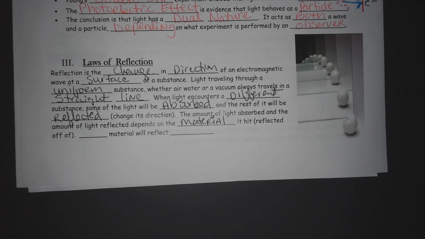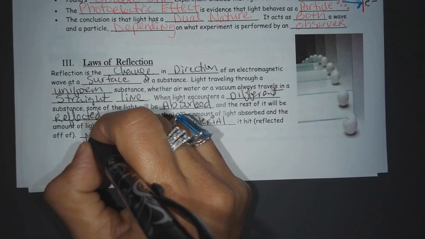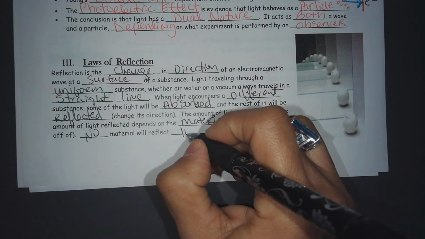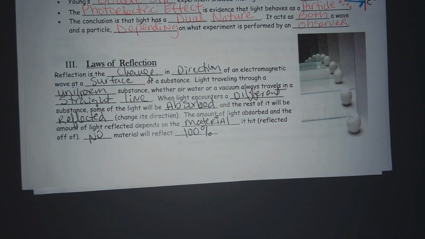You might have a mirror at your house that once in a while you have to clean off the dust or dirt so you can see your reflection a little better. But I will tell you that there is no material that we know of at this moment that will reflect 100%. Now, NASA and scientists have gotten really close, but we haven't got to that point yet. Not yet. Turn the page when you're ready.